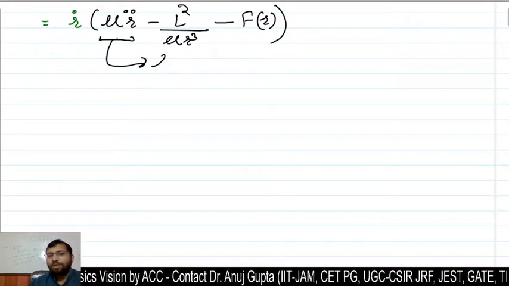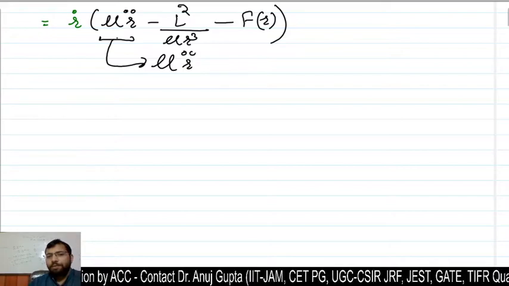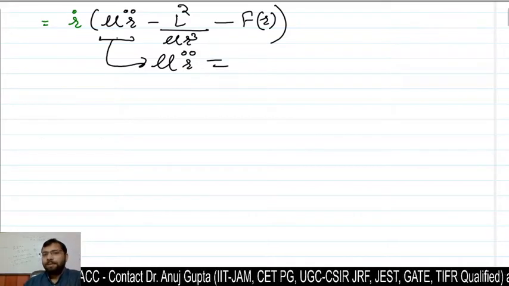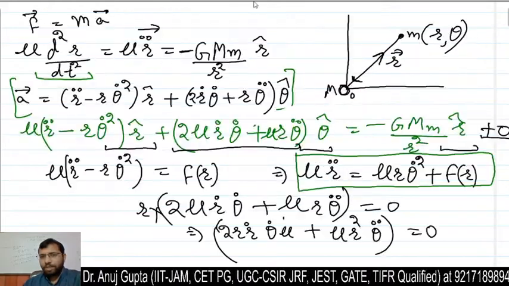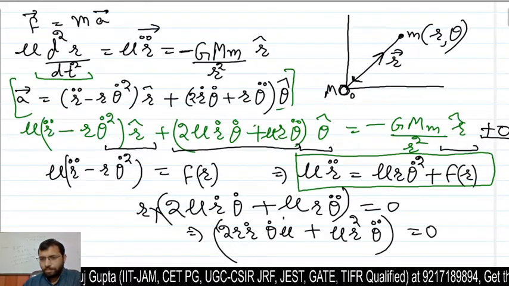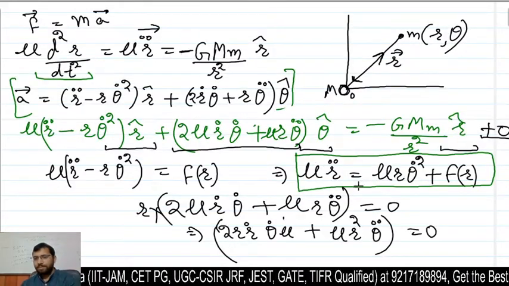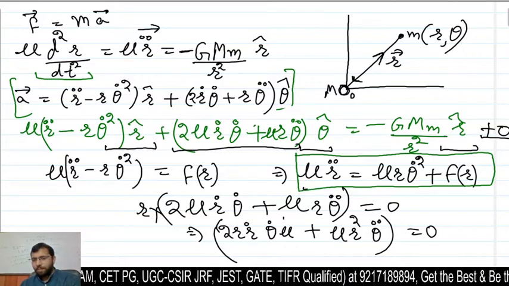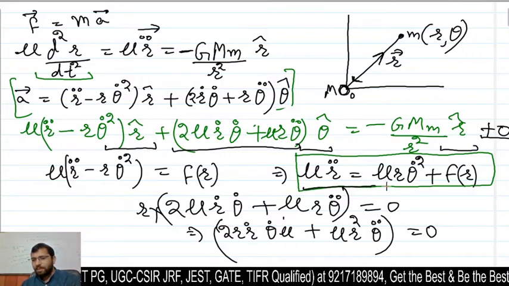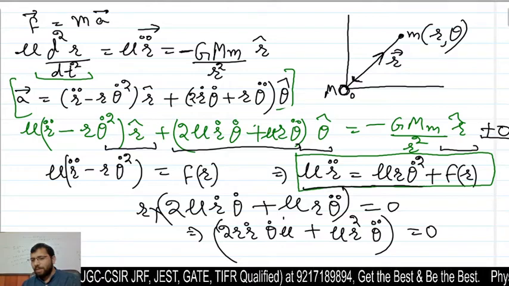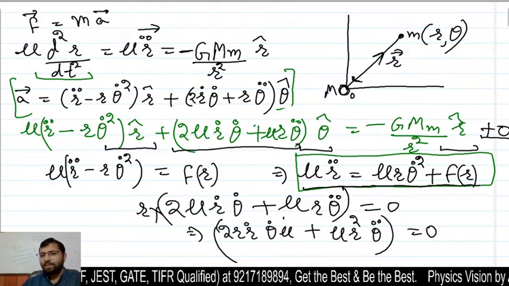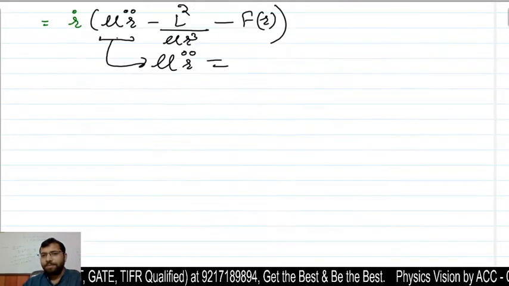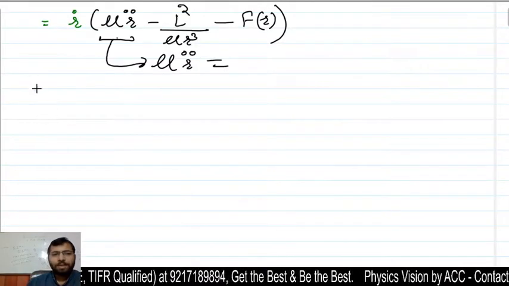फर्स्ट एक्सप्रेशन जो इक्वेशन ऑफ मोशन थी, if you will see that, I'll go back to that equation. Okay, look here. This is what mu r double dot is: mu r theta dot square plus fr. Okay, I will rewrite this equation. What was it equal to?